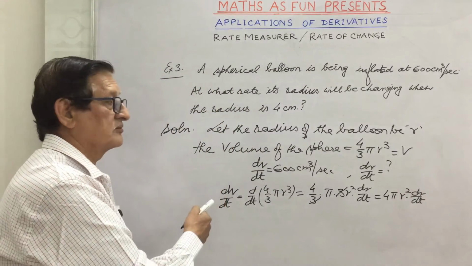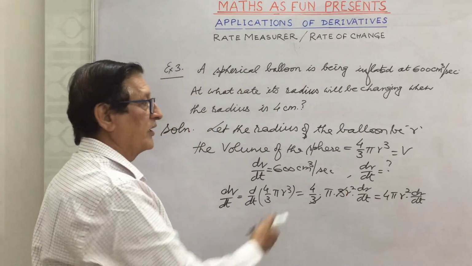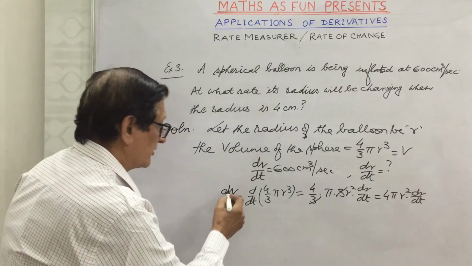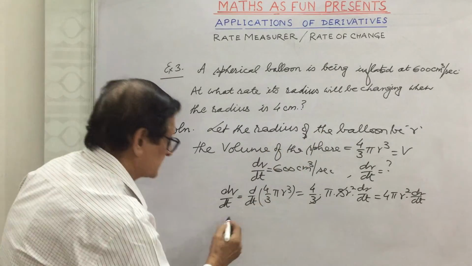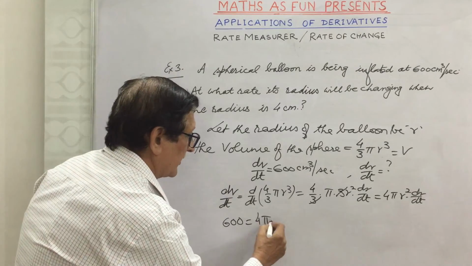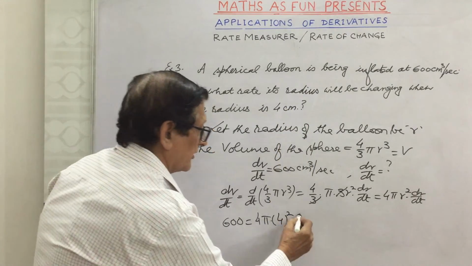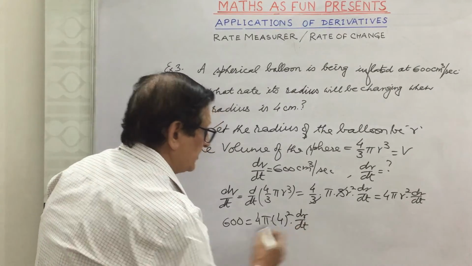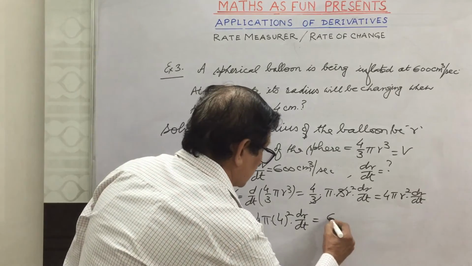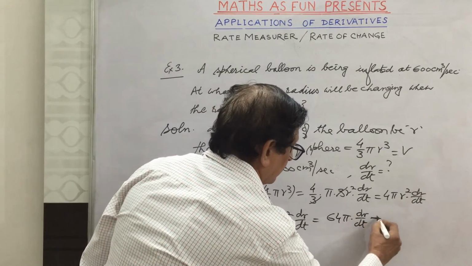We have been asked the rate of change of radius when radius is 4 centimeter. So we write here dV by dt is 600, 4 pi r square means 4 square into dr by dt, which is equal to 64 pi into dr by dt.